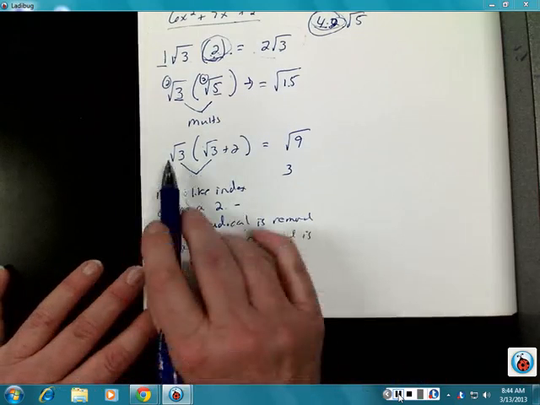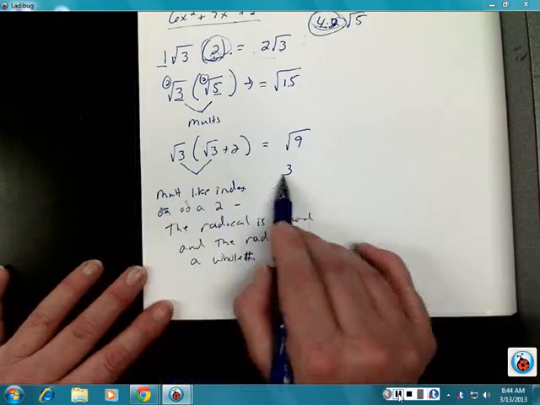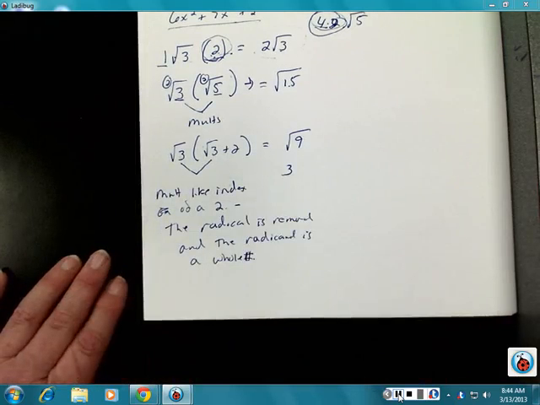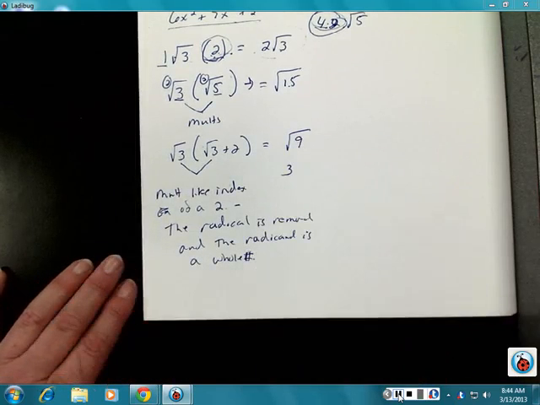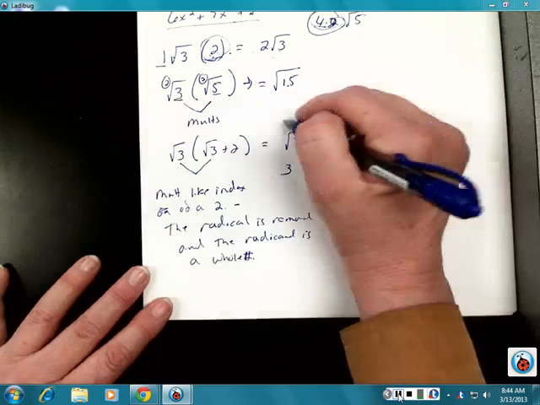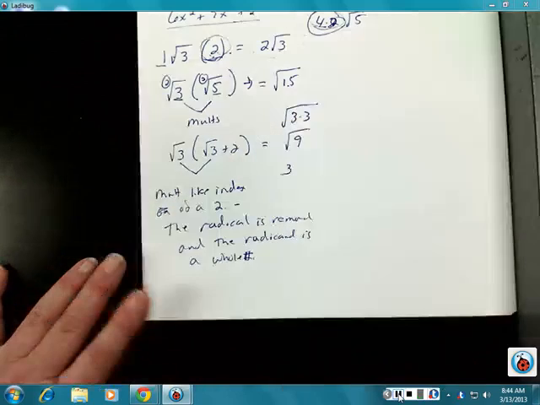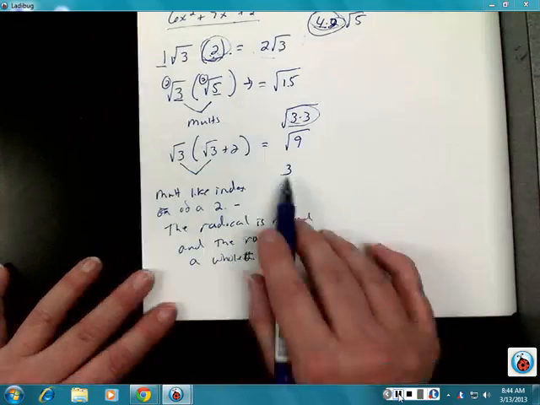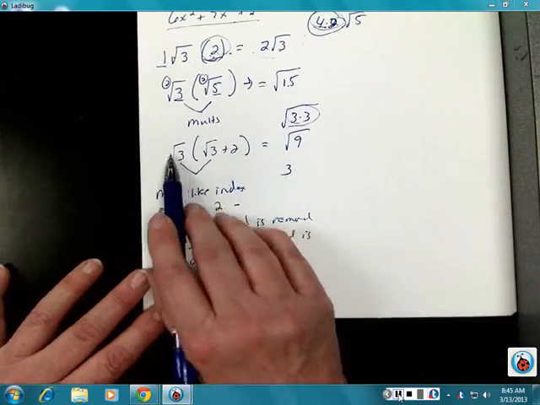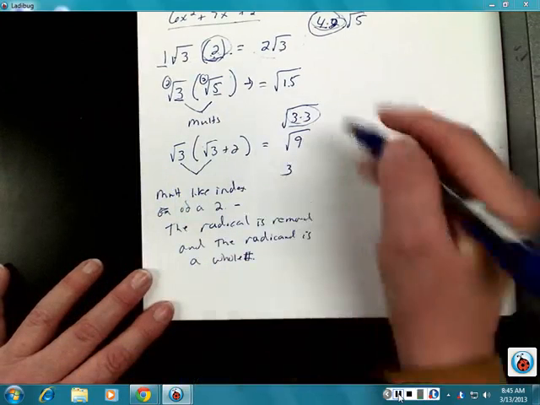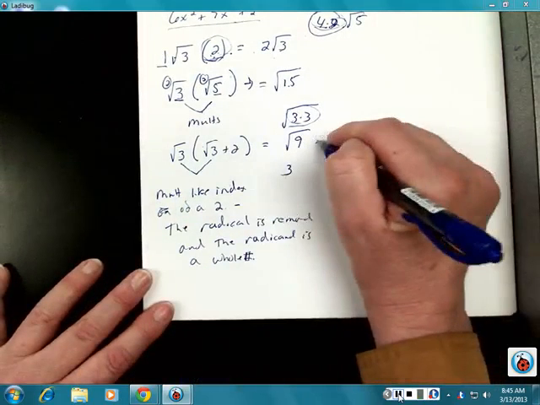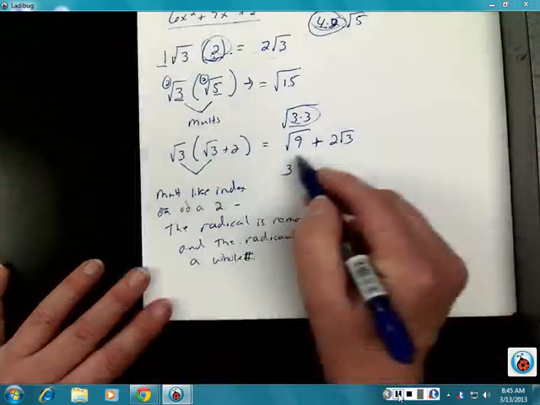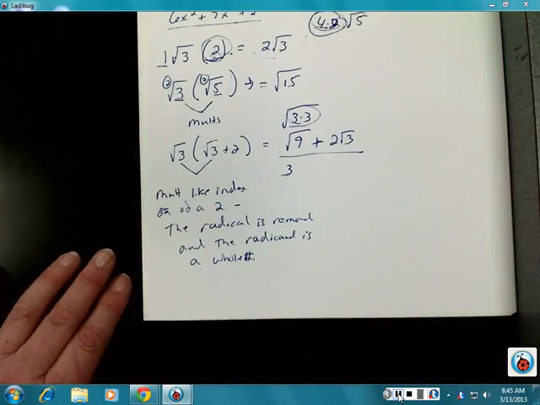So basically, a square root of 3 times the square root of 3 leaves me a 3. You can write it this way if you want, put the 9 under there if you need to have that security of knowing what you have. Or you can also write this as 3 times 3, and we know when we have pairs of 2 things underneath, we pull it out, right? And so that's where I get my 3. But when I multiply the square root of 3 times 2, I get 2 the square root of 3. And so that part doesn't get combined at all. It stays separate.